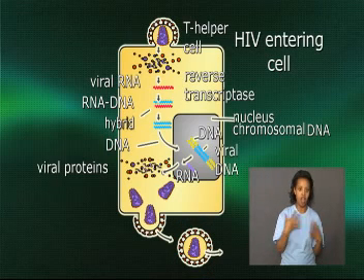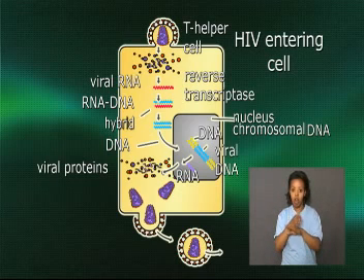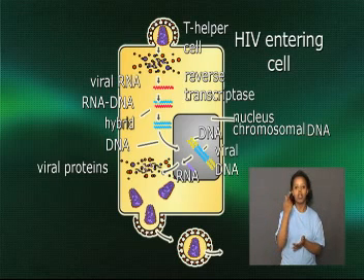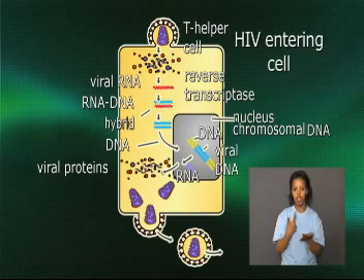This is called chronic release. Once the HIV particles leave the initial host cell, they go on to infect other T helper cells within the body. We sure have covered a lot of information so far.